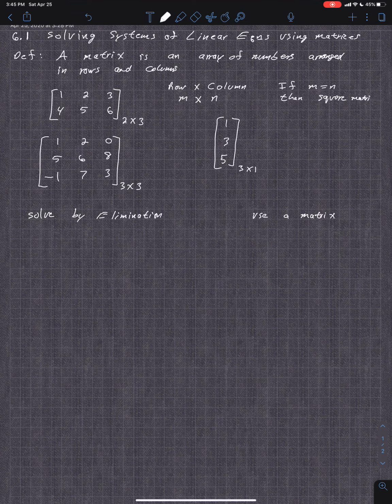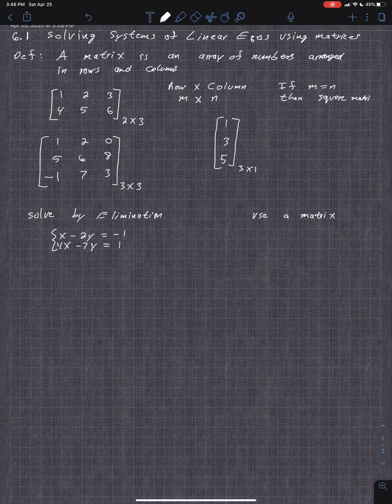All right, so suppose you had the system x minus 2y equal to -1, 4x minus 7y equal to 1, and then I'll do it kind of at the same time, we'll do the matrix.